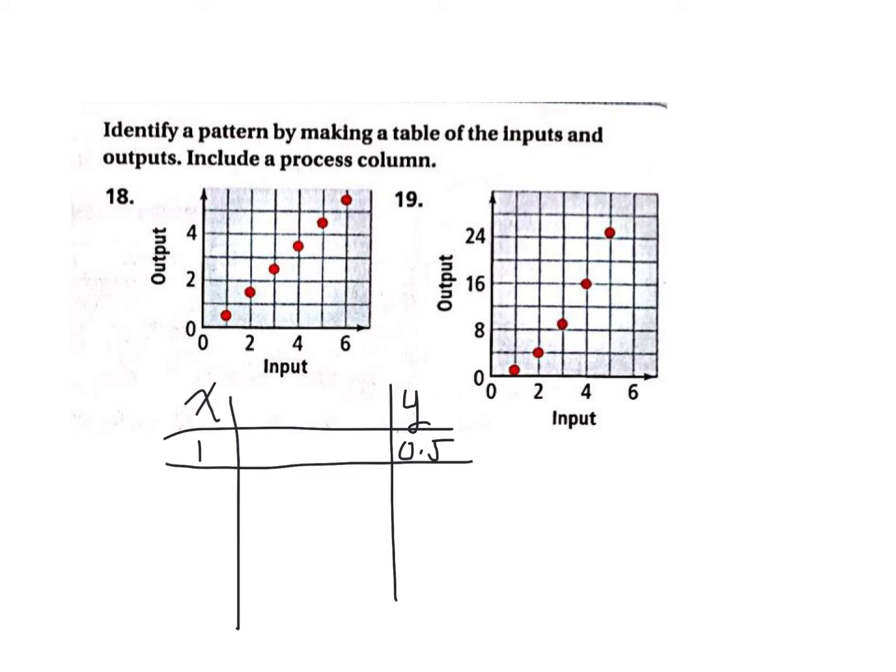Then the next input is 2 for X and then 1.5 for Y. And then my next input is 3 for X and 2.5 for Y. And then my next input is 4 for X, 3.5 for Y. Kind of see a pattern on this particular one.